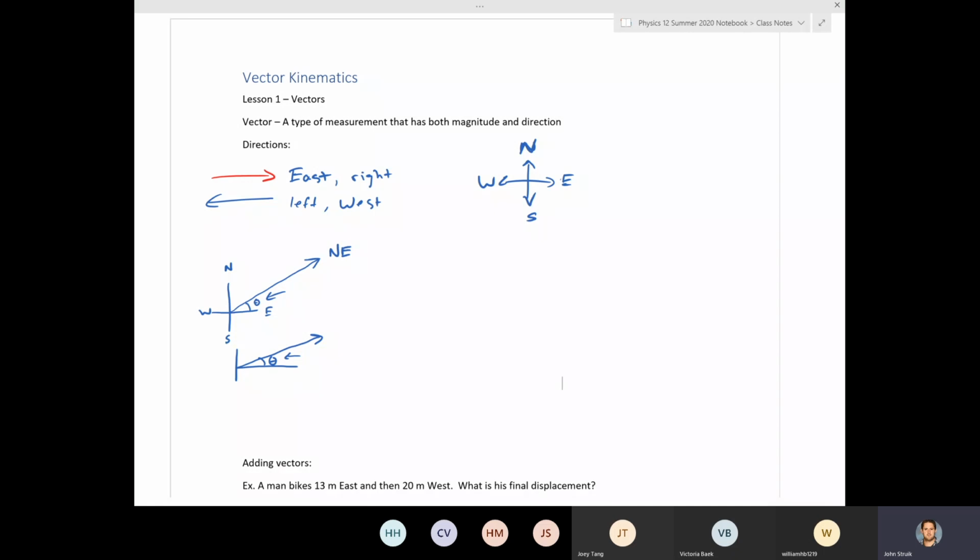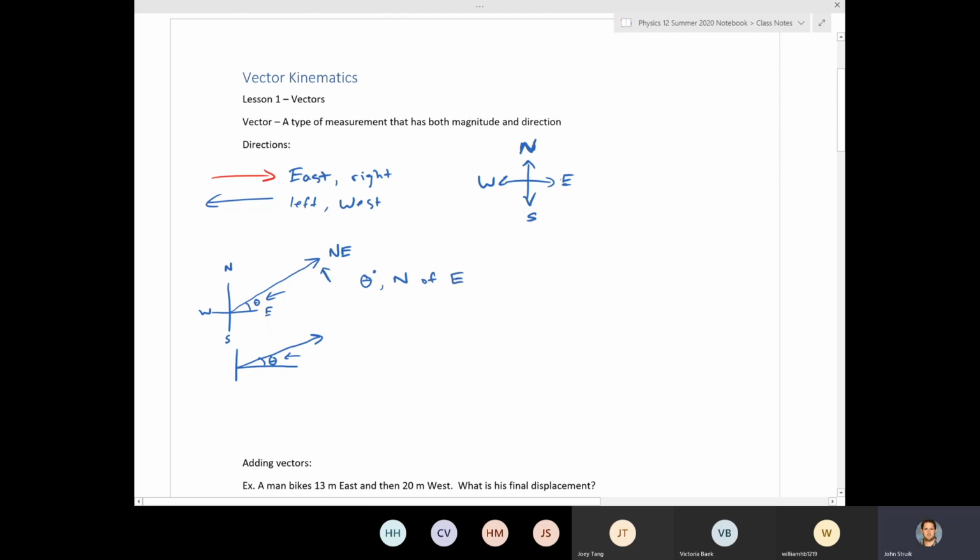In order to determine which way the vector is going, we would say that this arrow right here is headed theta degrees, whatever that is, 30 degrees, 20 degrees, whatever it is, north of east.